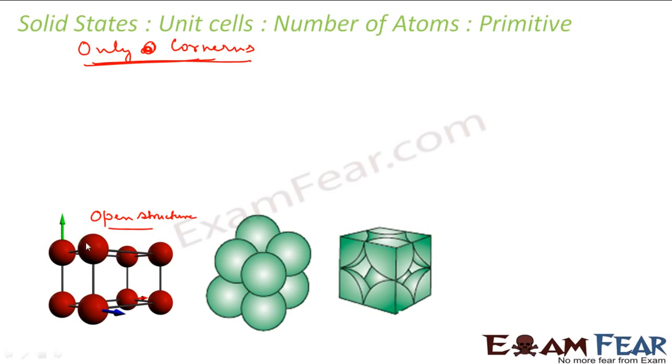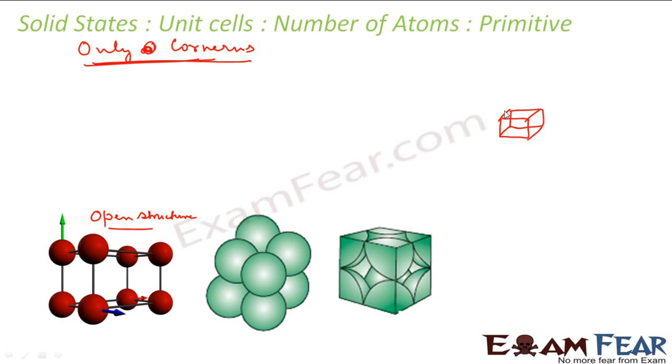But if you see, this particular atom will be shared by 8 other unit cells, because there will be one unit cell here, 2 more in the front and 4 more on the top. Correct? For example, this is my lattice.